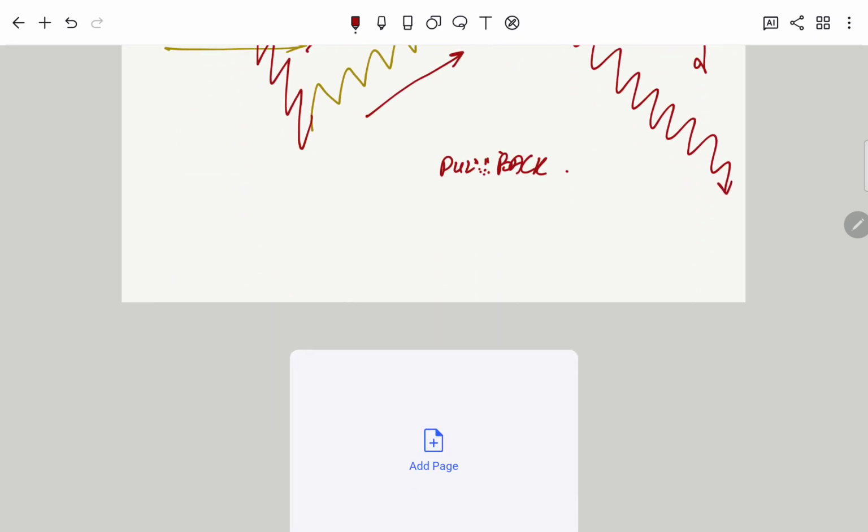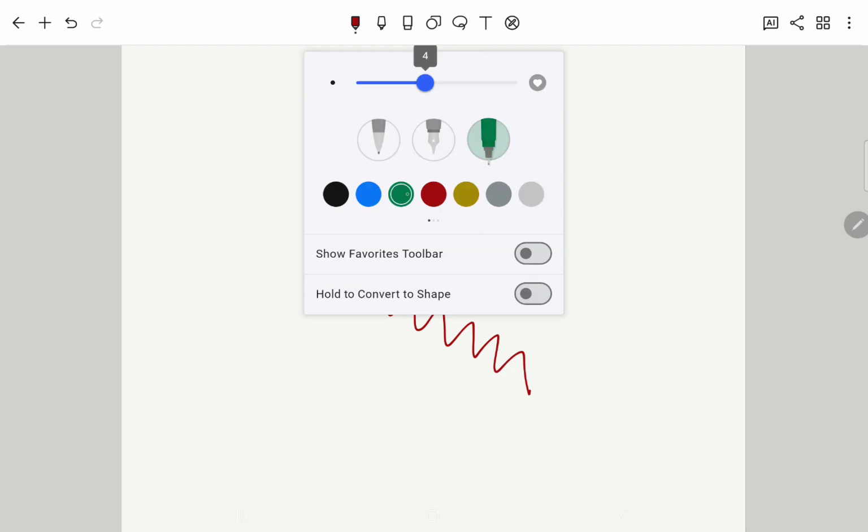Similarly, the same problem arises when we see the price going down. Okay, so now the question is the same: is this the downtrend? Well, it sure looks so.